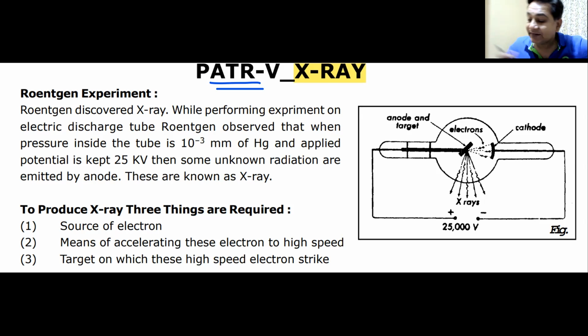Now, to understand X-rays, we are just going to understand two things. In photoelectric effect, we understood that intensity of light depends on the number of photons, and energy of light depends on the frequency of photons. As you can see, a similar arrangement is here in front of our eyes.